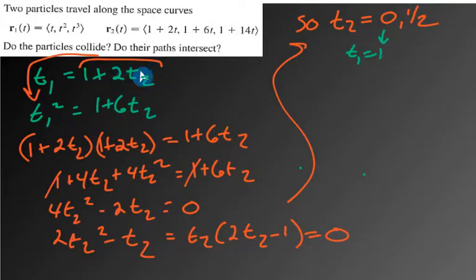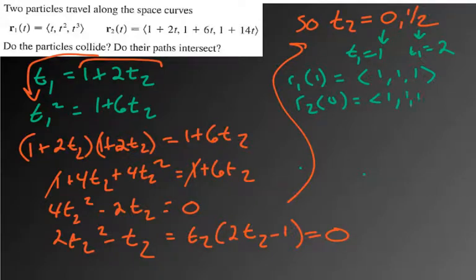If t2 is a half, that happens when t1 is 2, right? So if you plug in r1 of 1, you get 1, 1, 1. And if you plug in r2 of 0, you also get 1, 1, 1. So you can see that works.